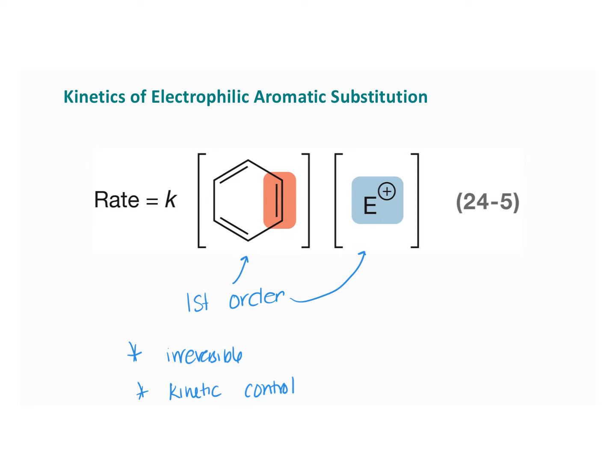That means if there are competitive reactions, the one that forms the fastest is the one that forms. Now, these substitutions tend to be highly favorable and irreversible because those electrophiles that are substituted for aromatic substitution tend to be very reactive and unstable to compensate for disrupting the aromaticity of the ring.